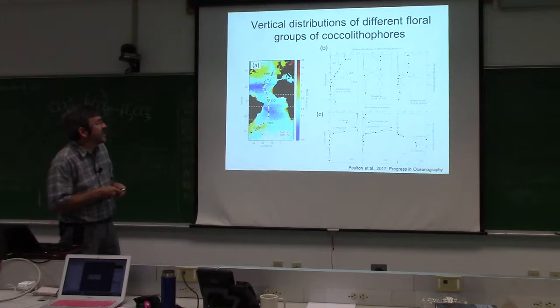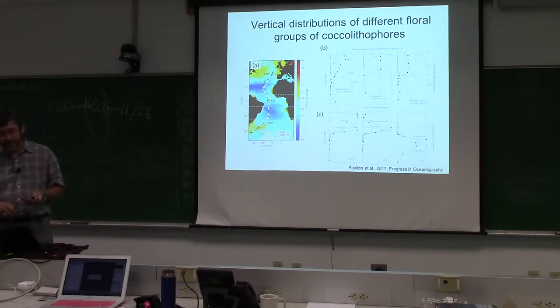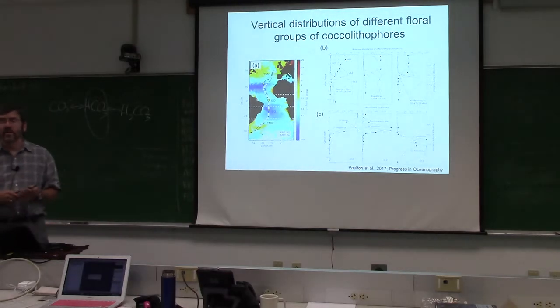He's divided this into optical depths, going down to 10 optical depths. He sees 0 at 11 optical depths, but he's seeing some down at 9 optical depths. So they're very deep. This is Alex Poulton over in the UK.